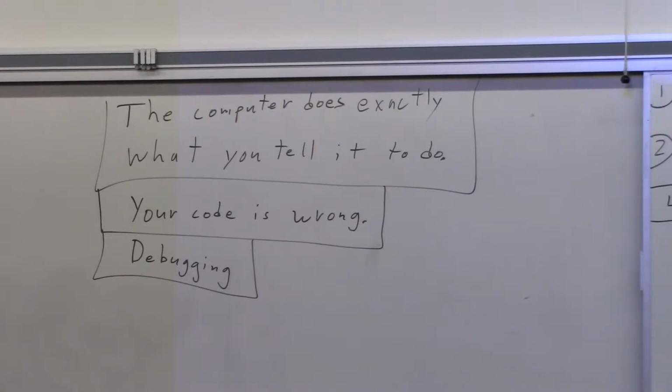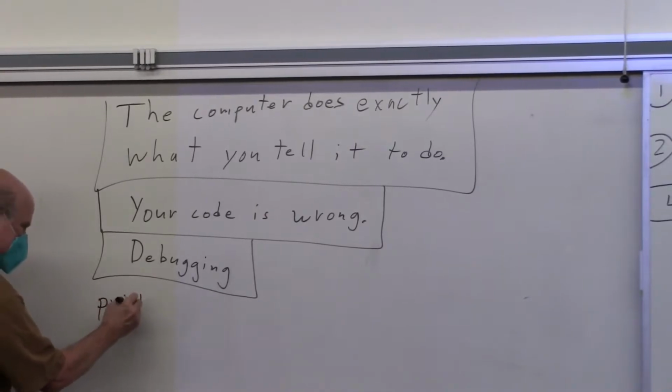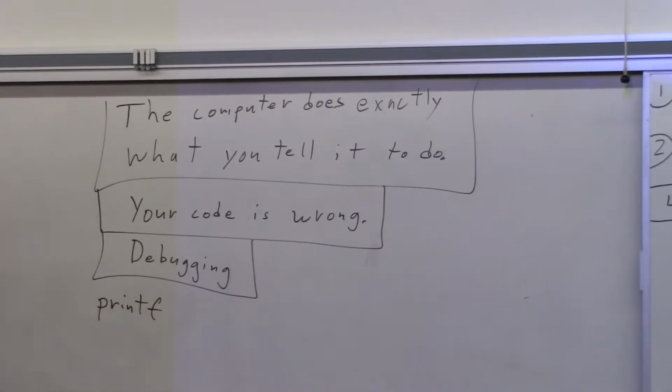So when you get values out that are incorrect, or summations out that are incorrect, or concatenations out that are incorrect, one of the simplest ways to debug things is by use of this printf statement.